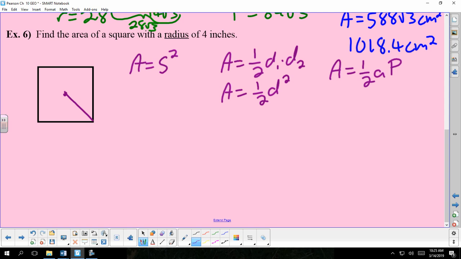So now I'm given the radius of 4. I don't have the side length. So if I'm given the radius, the easiest way to go about finding the area would be this second method. If I extend this diagonal at 4, so the diagonal is 8.